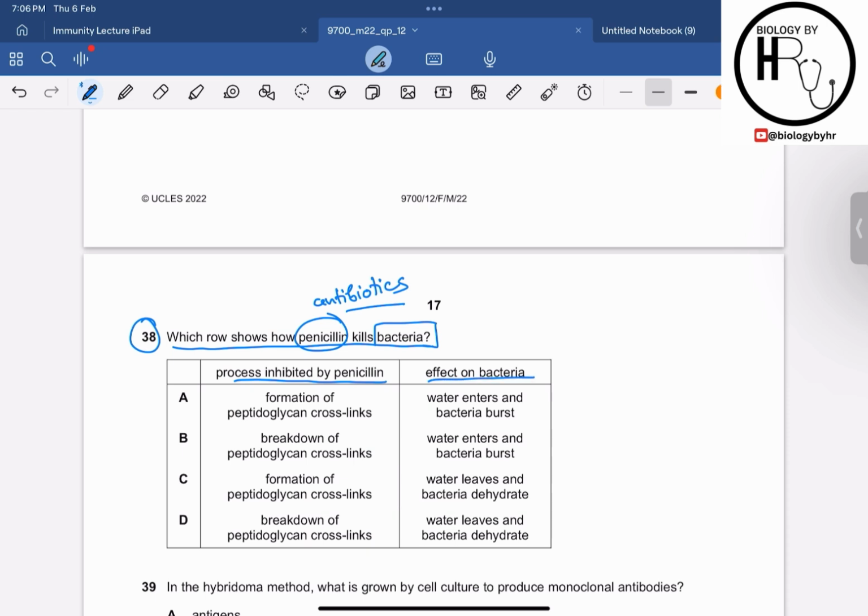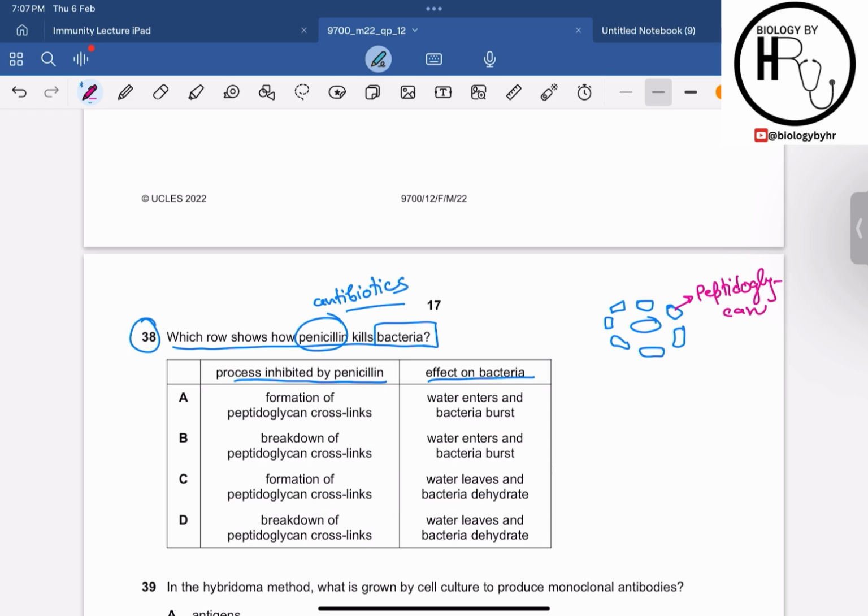So during the initial stage where the bacterial cell wall is being made, right, this is the bacterial cell wall which is during the initial stage before it is being made, right. So these are the peptidoglycan molecules, right. We know that the cell wall of the bacteria is made up of the peptidoglycan, right.